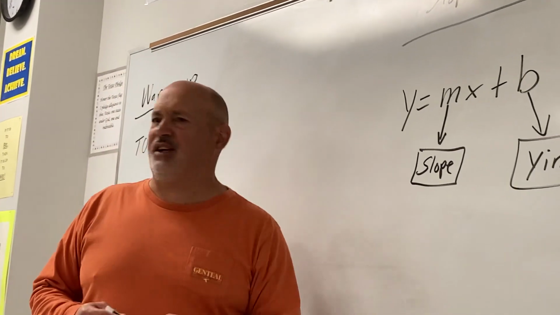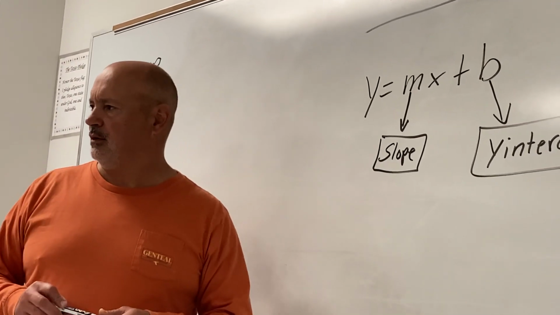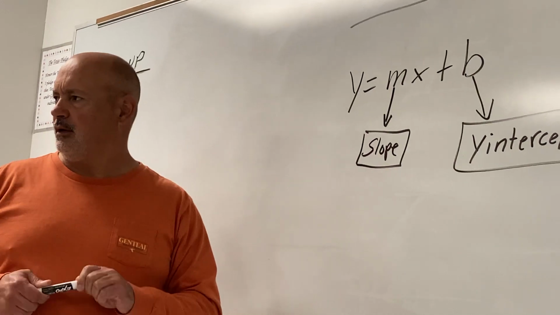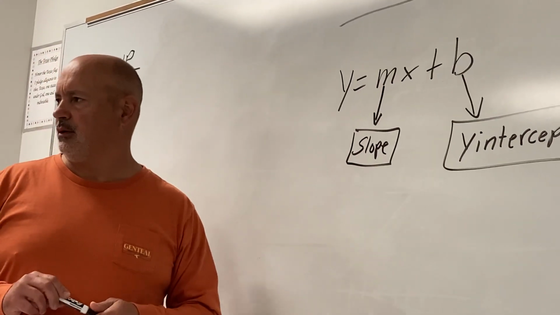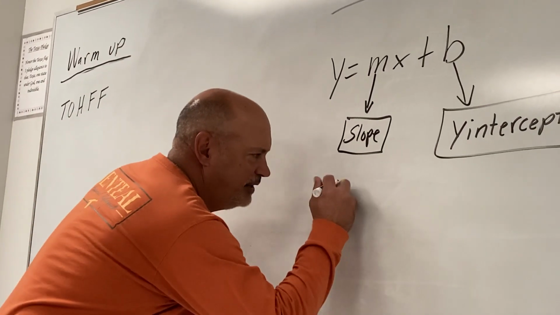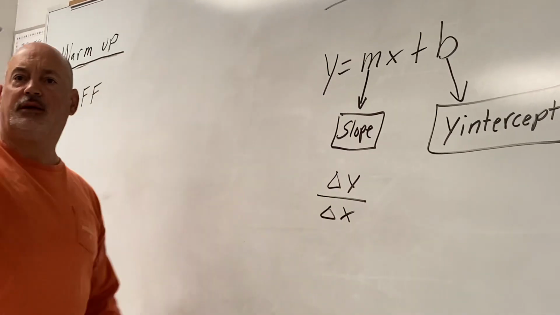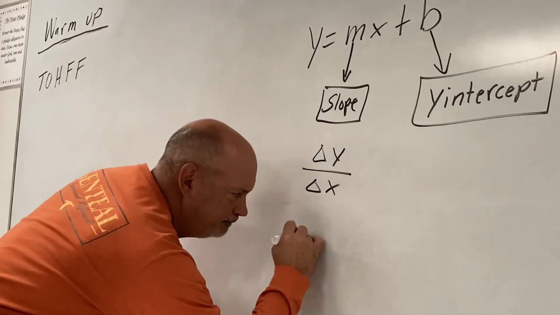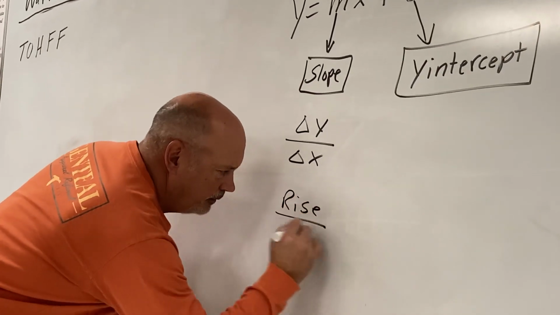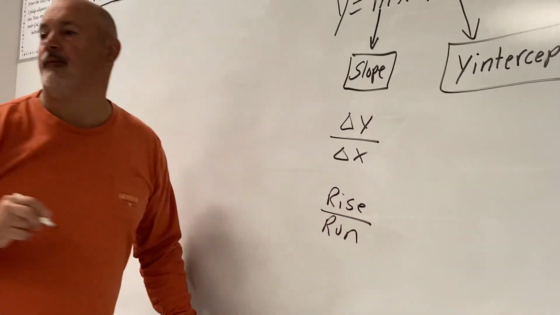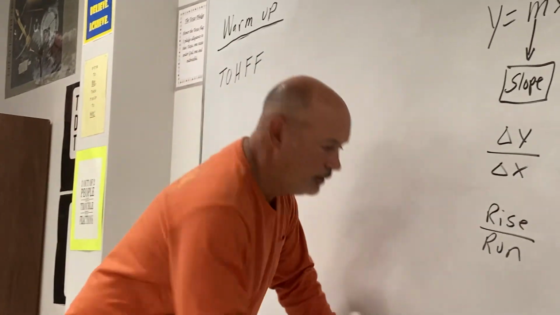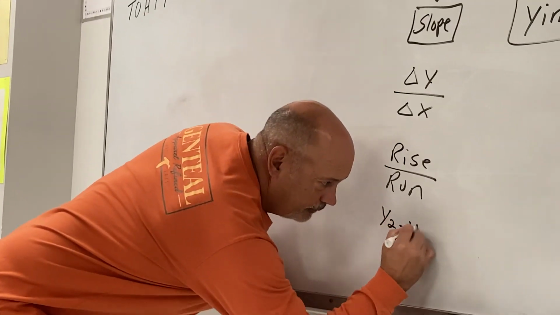Okay, that's just the definition. Give me something else. How did we find the slope? That'll work. Delta y over delta x. There's another one. Rise over run. There's another one. y2 minus y1 over x2 minus x1.